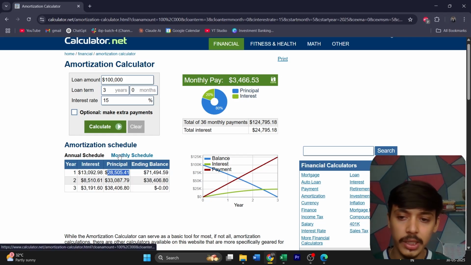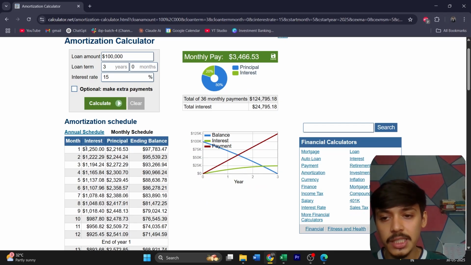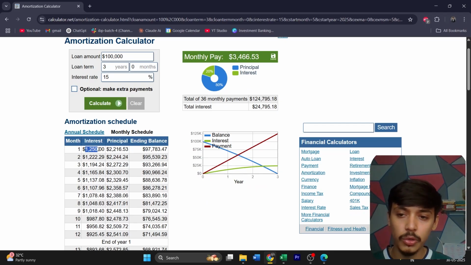If you want to see on monthly basis, we can press this, and we can see that in month one we are paying 1250 as our interest amount, which accounts to 15%. When you calculate 1 lakh rupees into 15%, you will get a monthly interest of 1250, which is 15,000 divided by 12.